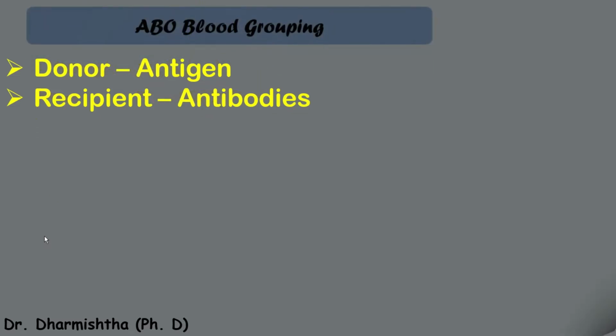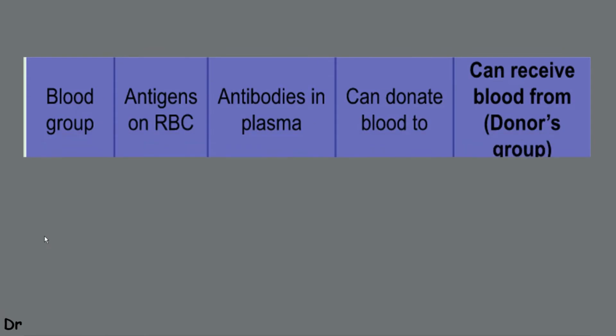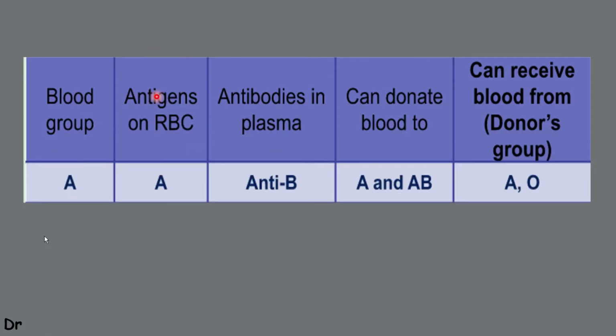Clear? As we have two words, donor antigen and recipient antibodies, antigen A must not enter the body which has antibodies A.